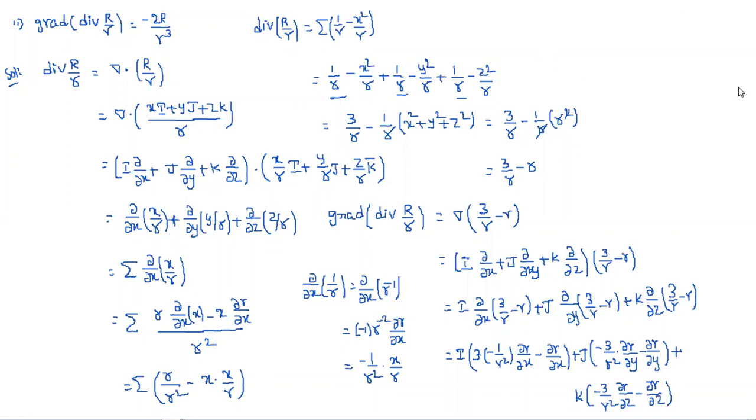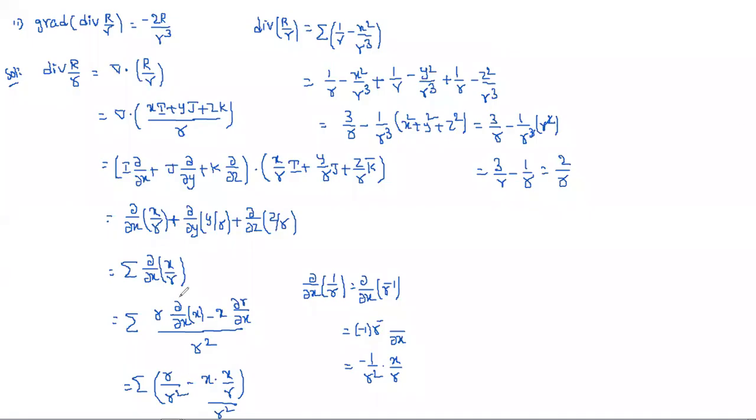So this is equal to, see once again, here we applied the u by v formula. Next, here it is r into the derivative of x, which is 1, by r square, minus x as it is, and ∂r/∂x is nothing but x by r, whole by r square.